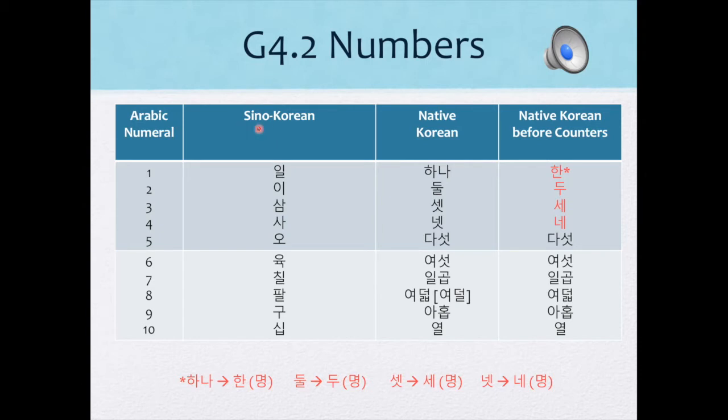Sino means Chinese, Chinese-Korean. I have told you before, the Korean language has always been different from the Chinese language, but until the system of writing became settled in the 15th century in Korea, educated people who knew written language used Chinese. So the Chinese influence is very heavy.